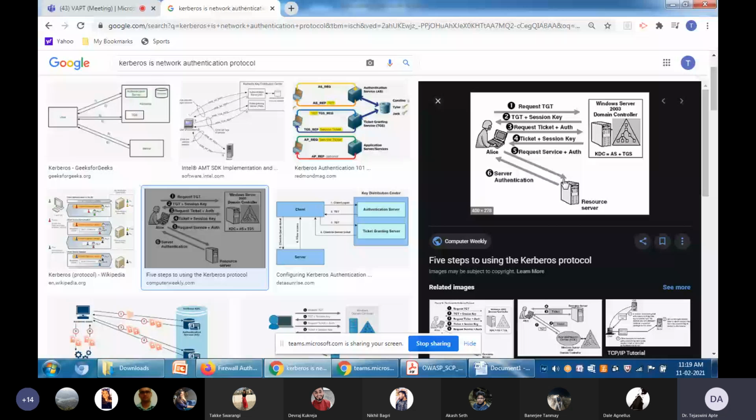But nowadays we are not using Kerberos for larger scale deployment. There could be a question about why we are not using Kerberos for larger scale deployment. The reason is that each user is going to require its own key.